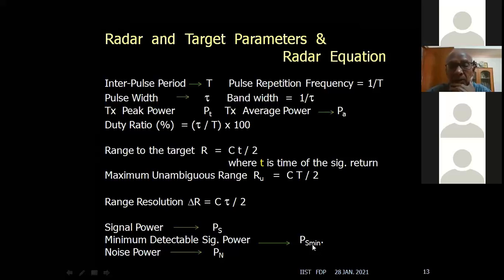Eventually there is a background noise, cosmic noise, as well as your receiver noise, which is called noise power. If the signal is less than the noise power, you will find it difficult to detect the target. So that is PS minimum.